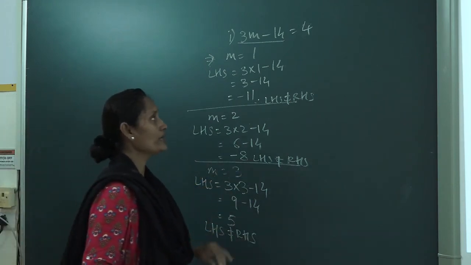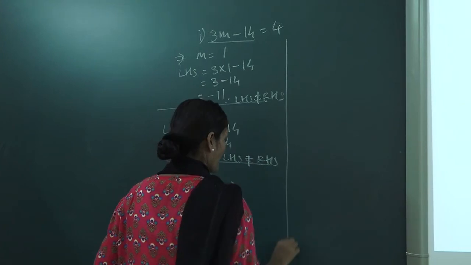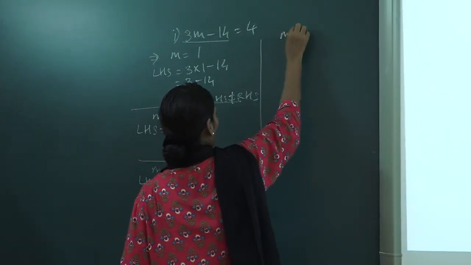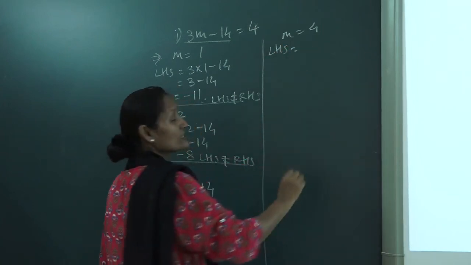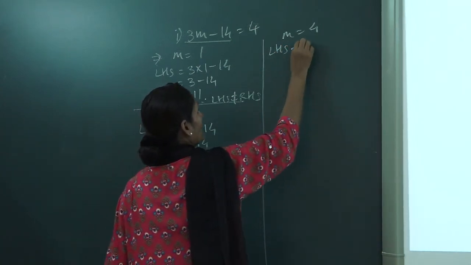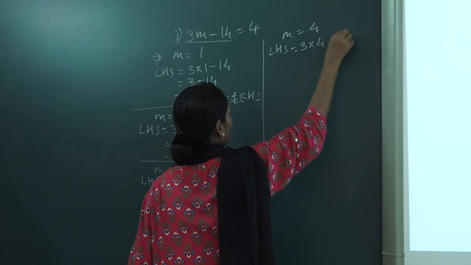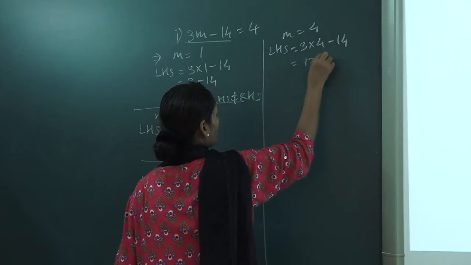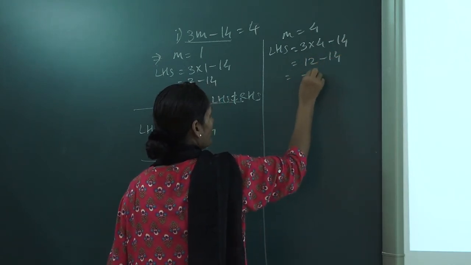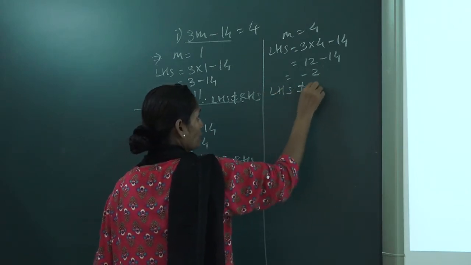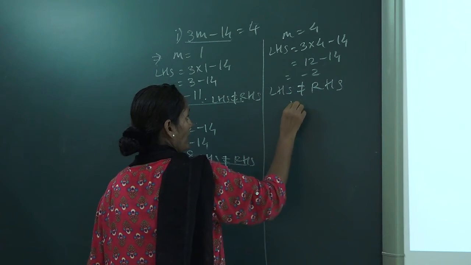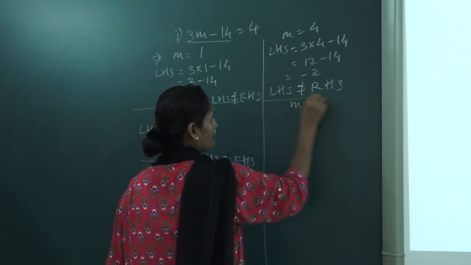Then m equals 3 I have taken. Now what will I do? I will take m as 4. So what will be my LHS? LHS will be 3 into 4 minus 14, which equals 12 minus 14, which equals minus 2. So again LHS is not equal to RHS. Now I will take m as 5.